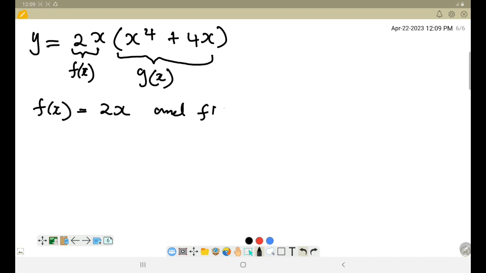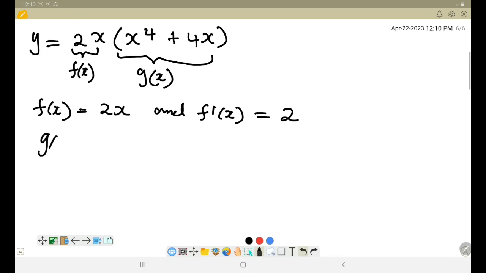and f prime, when you differentiate 2x using power rule, gives you 2, because now the exponent is 1. When you bring it down, it's just 1 times 2. Then 1 minus 1 is 0. So x to the power 0 is 1. You end up with 2.